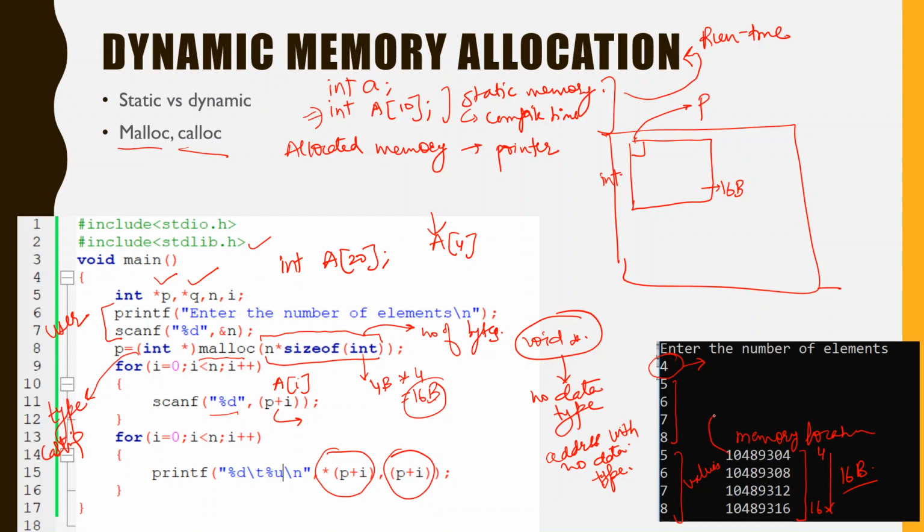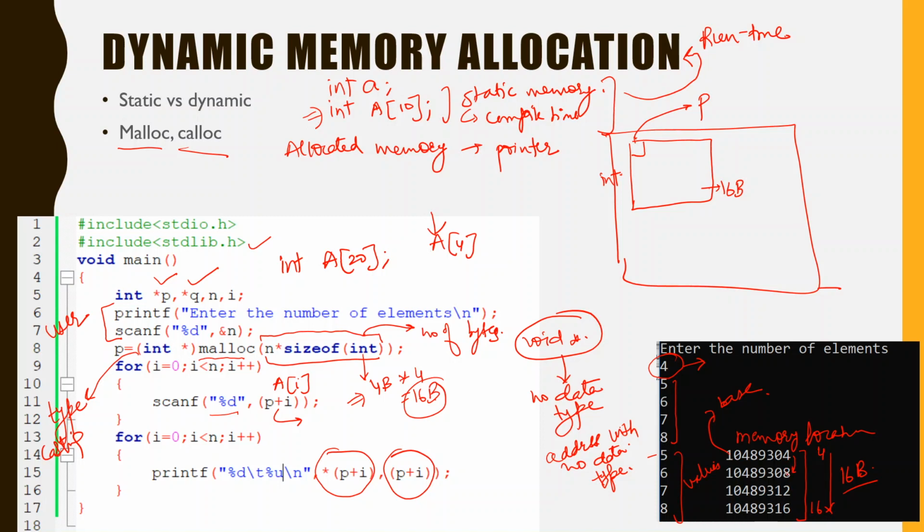This is the base address, and this base address has this 5 stored. When it is incremented by 4, because here in Code::Blocks for C programming an integer takes 4 bytes, every address of an integer is incremented by 4 bytes.